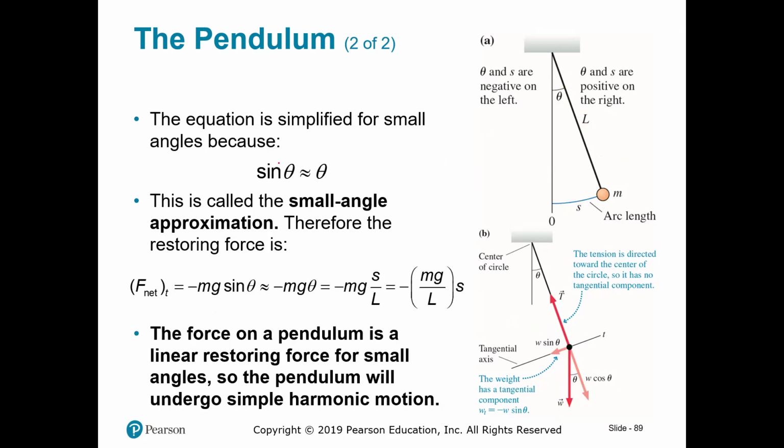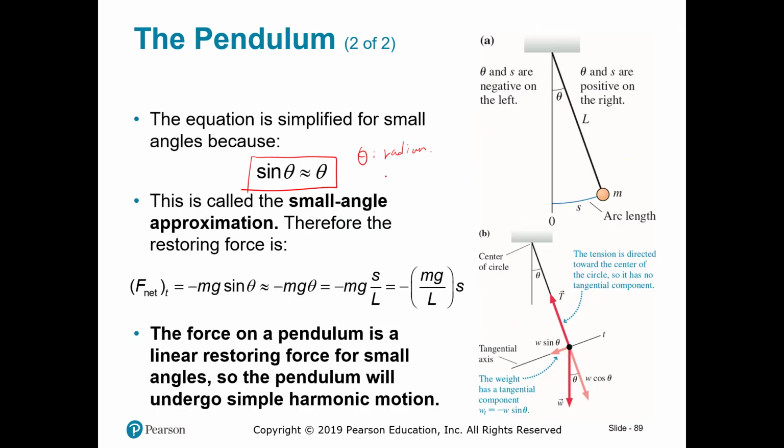So then we'll use what is called the small angle approximation. When the angle is small, sine theta is almost the same as theta. So here we assume theta is in radians. You cannot use degrees.